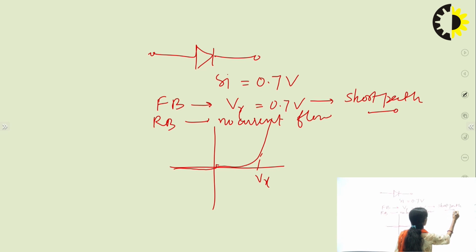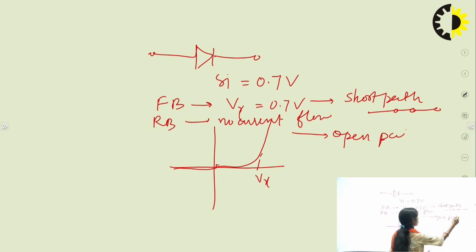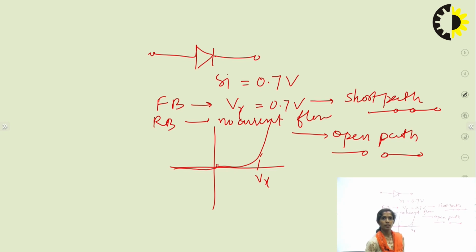So we can say this circuit gets closed. Now for reverse bias, no current is flowing. That means it behaves like an open path. So open circuit can be represented by this. So by using these characteristics of the diode, we can use it as a rectifier.